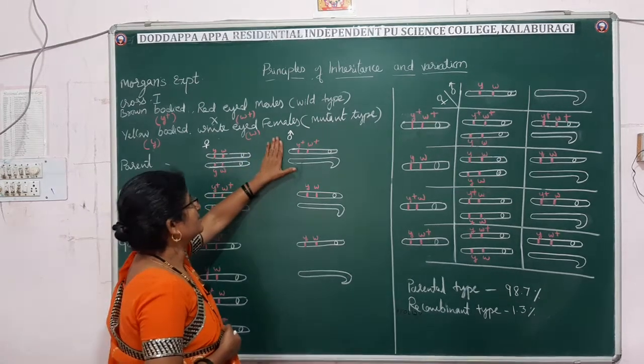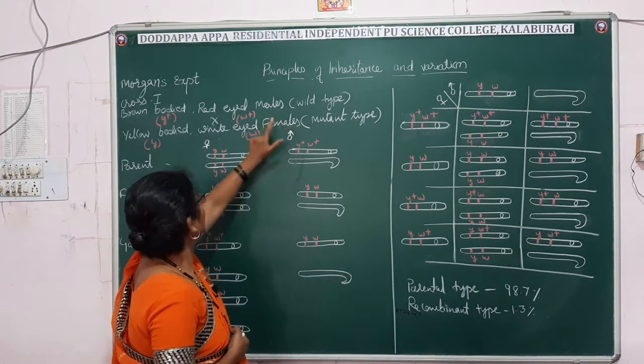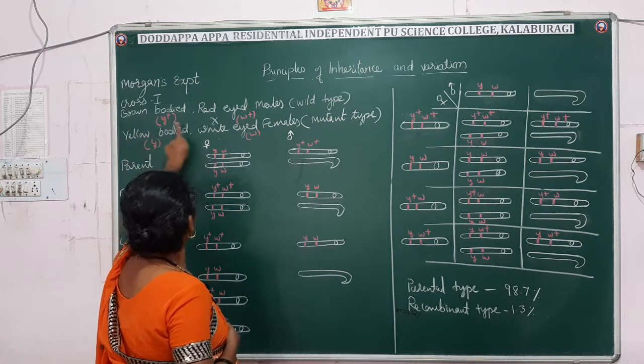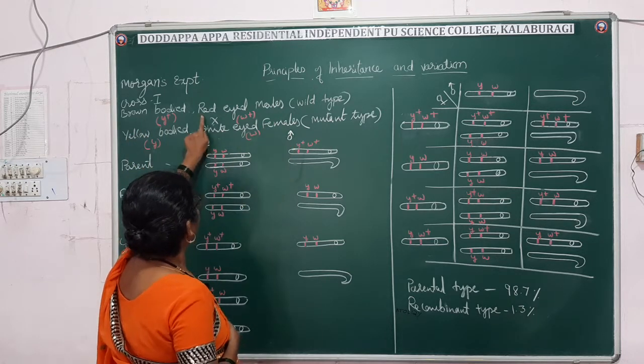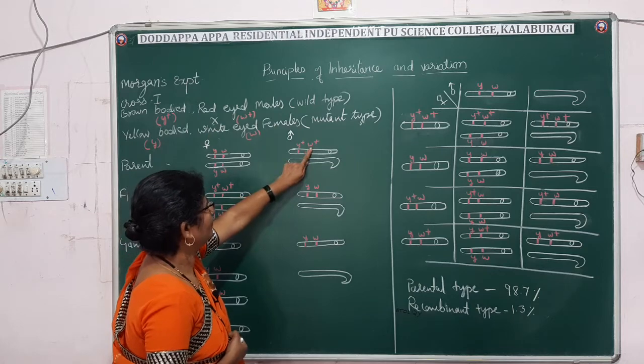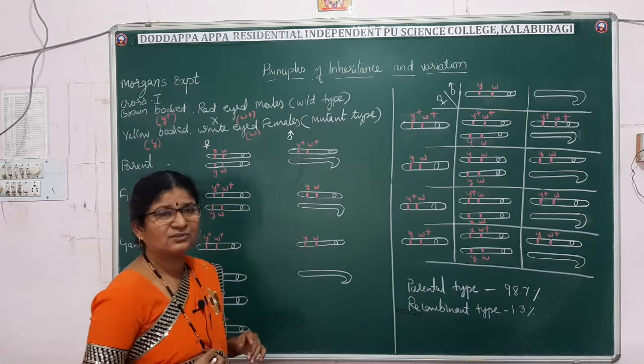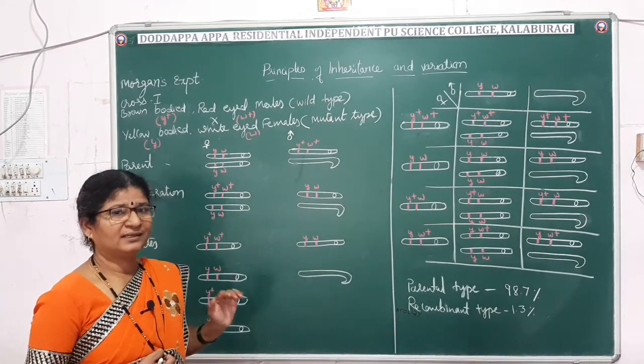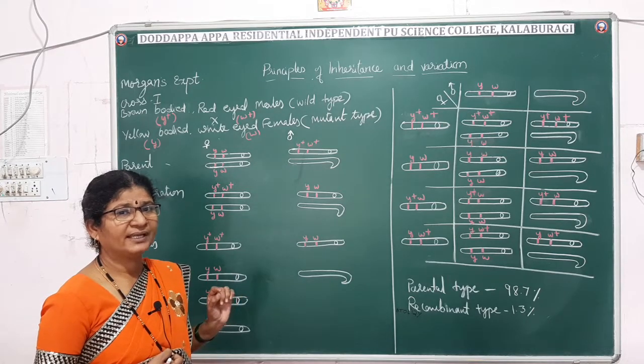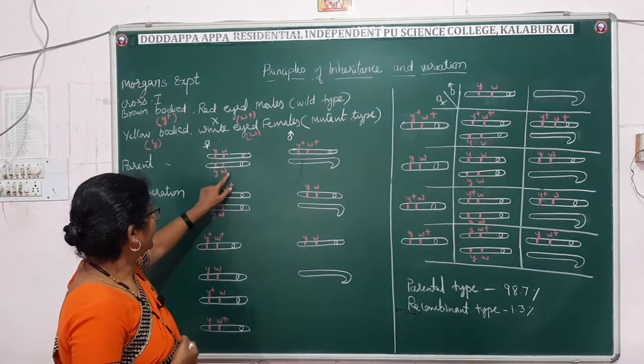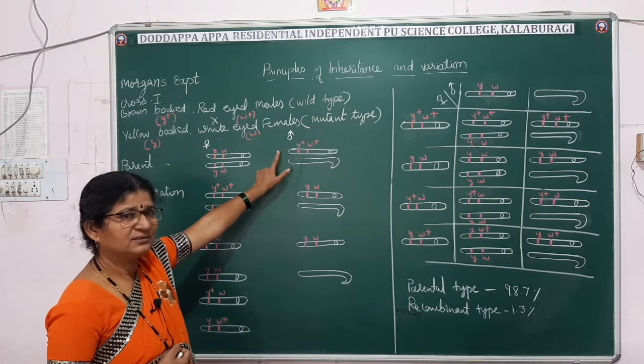Now the males are the wild type, brown body Y plus and red eyes W plus, and the eye and body color controlling genes are present on the X chromosome. So on the X chromosome itself we wrote the genes.